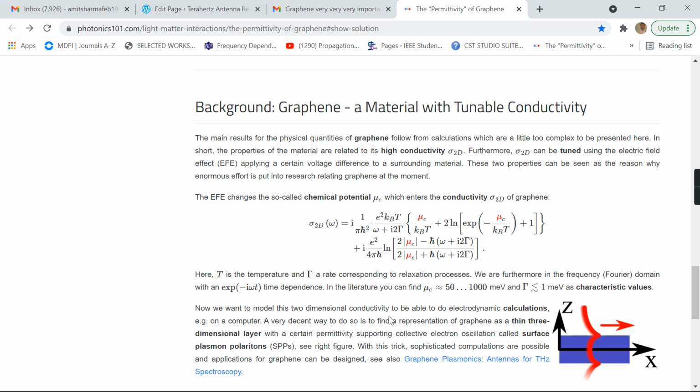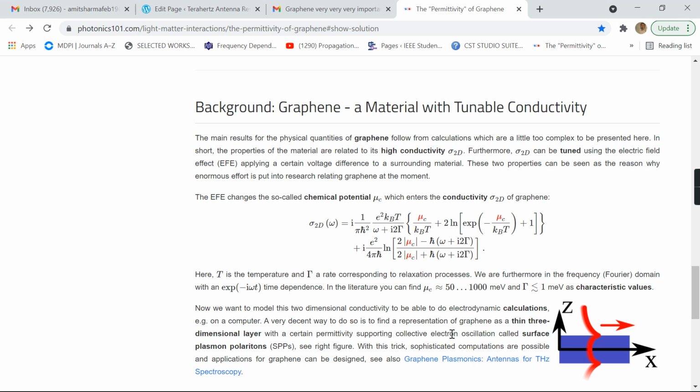Now we want to model this two-dimensional conductivity to be able to do electrodynamic calculations on a computer. A very decent way to do so is to find a representation of graphene as a thin three-dimensional layer with a certain permittivity supporting collective electron oscillation called surface plasmon polaritons. Here, this is the short definition of surface plasmon polaritons.